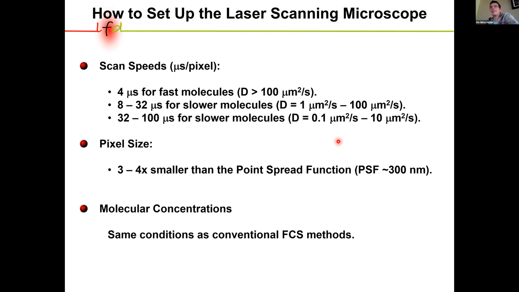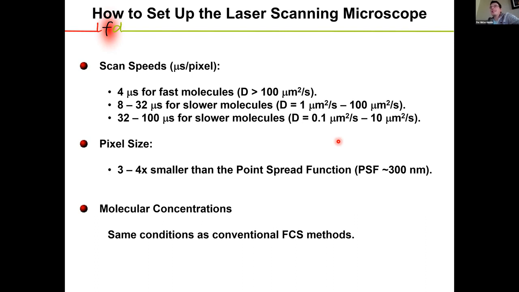And then 32 to 100 microseconds for slower molecules, 0.1 micrometer square per second and lower, which is more in the range of a membrane protein, for example.